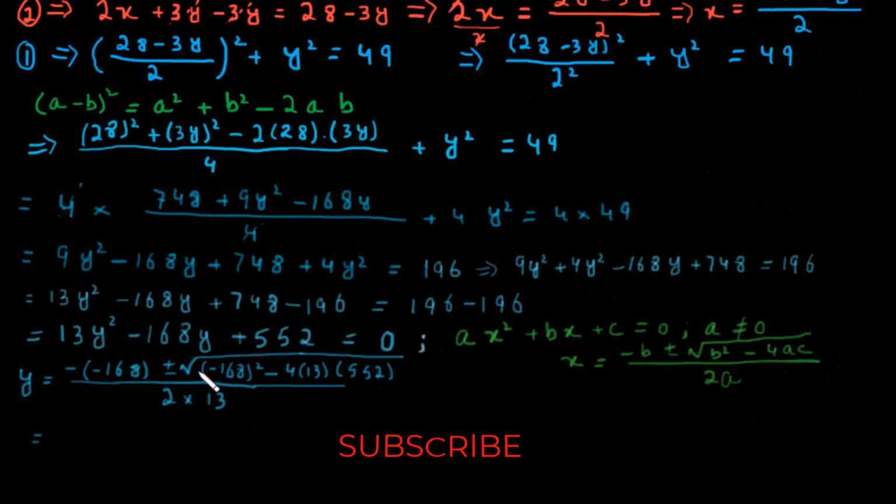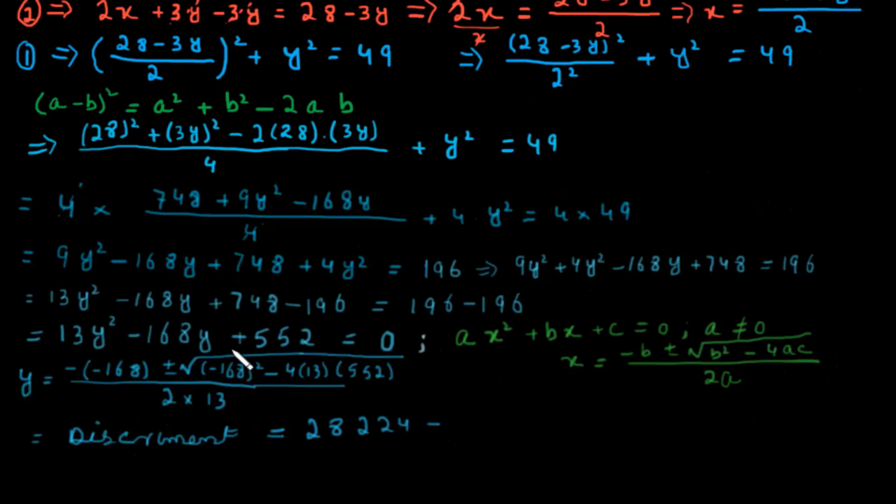Let me calculate this discriminant value: minus 168 squared is equal to 28,224, and minus 4 times 13 times 588 is 30,576. Here is the moment of truth.